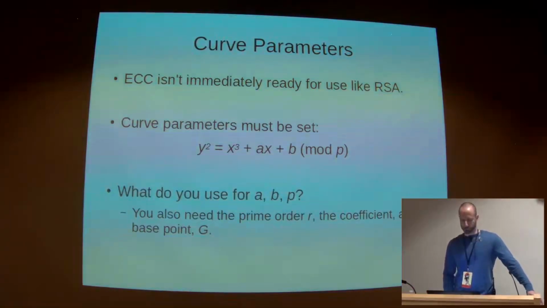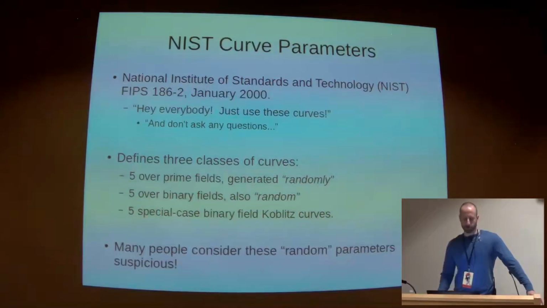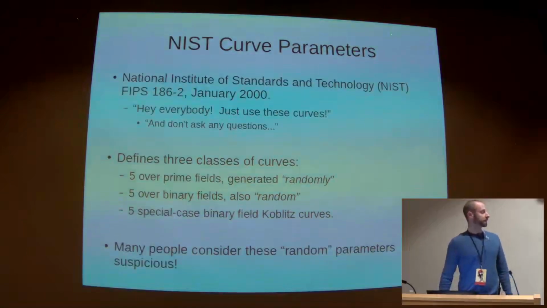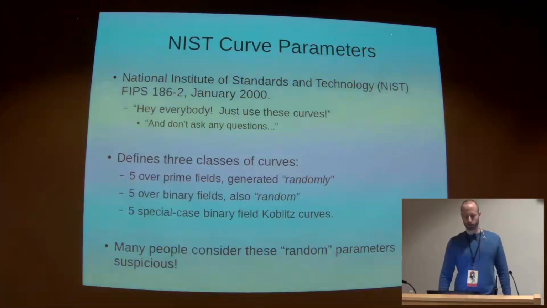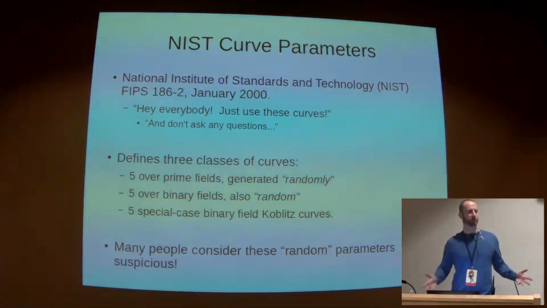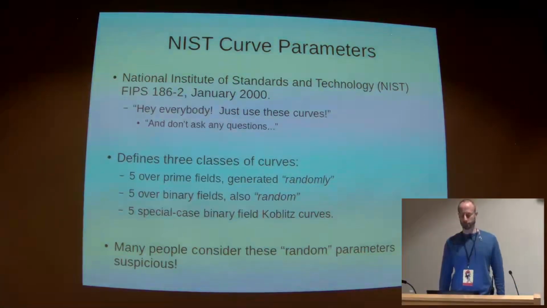So NIST, the National Institute of Standards and Technology, a U.S. government agency, came out with a document, FIPS 186-2, in January 2000. Basically, it was like, hey everybody, here are curve parameters, just use these, don't ask any questions.